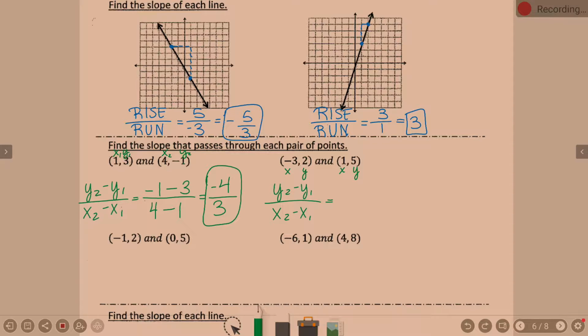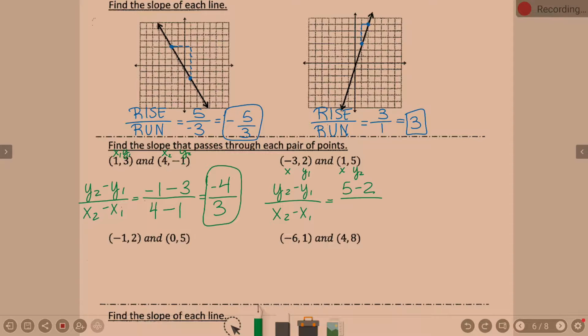What do you want to use for y2? 5. I can't use negative 3, that's an x value. So if I use 5, there's my y2, which automatically makes this x2. So we're going to do 5 minus the other y value, 5 minus 2.